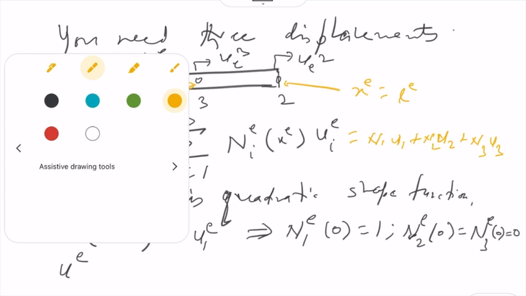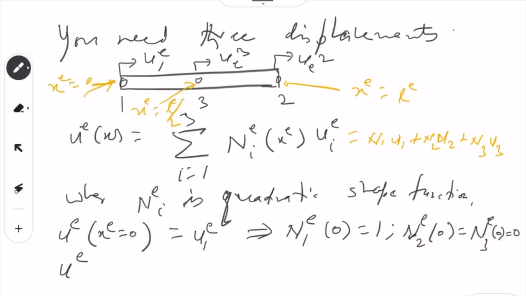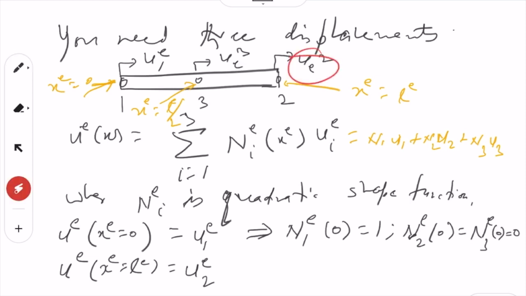Similarly, you will have expression for others like u e at x e equal to L e equal to u e 2, sorry, not 3 but 2.